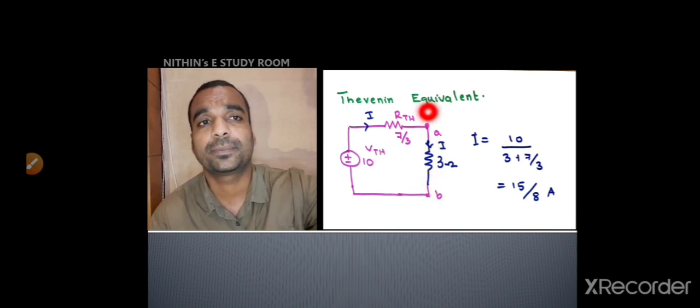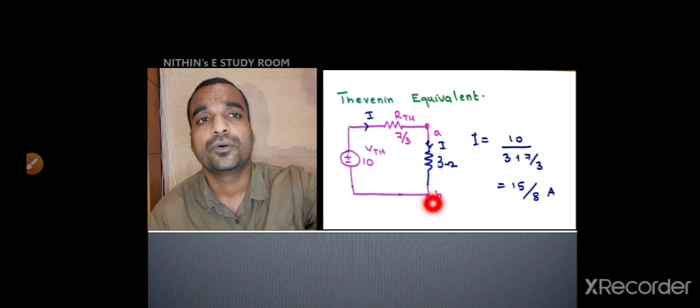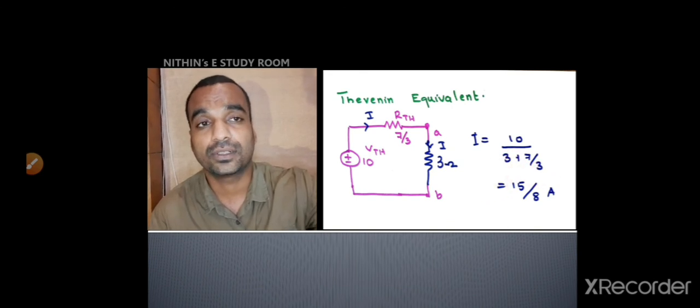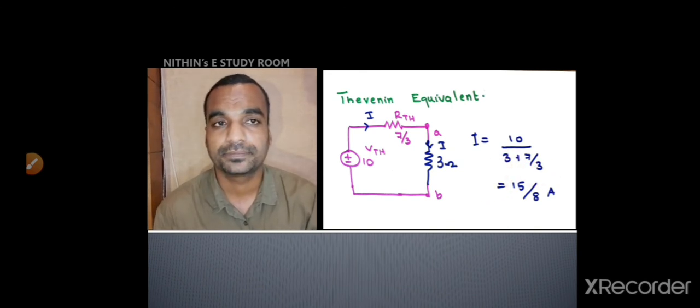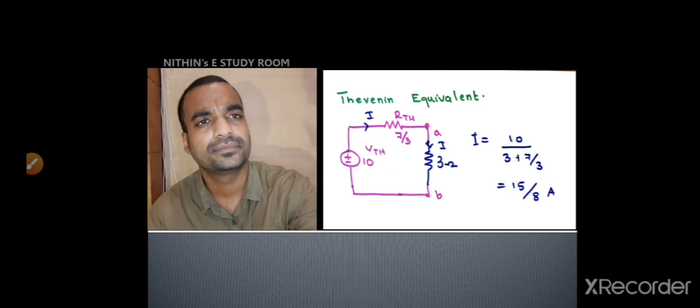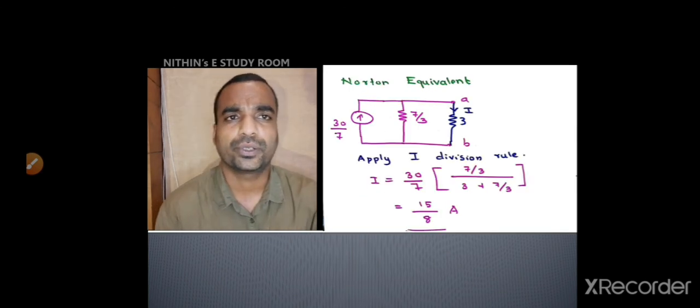We can simply apply Ohm's law. I is equal to V by equivalent resistance. As these two resistors are connected in series, 10 by 3 plus 7 by 3, that is equal to 15 by 8 ampere.